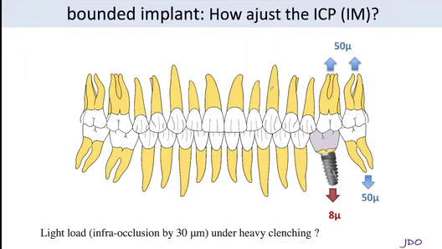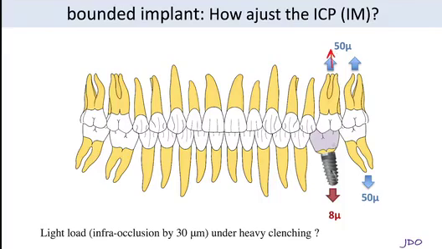But it depends what the antagonist is. If the antagonist is a natural tooth, like here, the natural tooth is able to absorb the difference through a viscoelastic reaction.